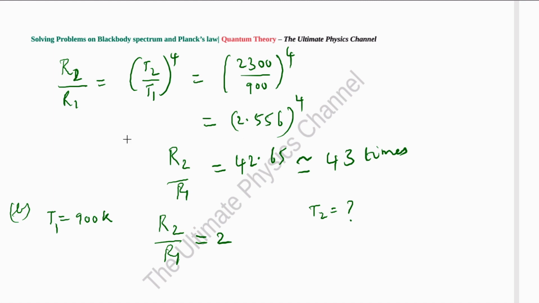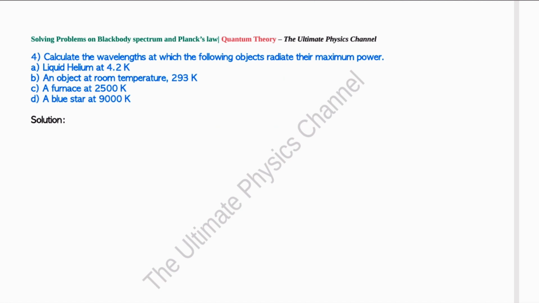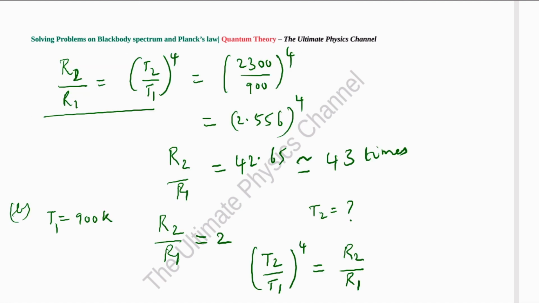So again, using the same formula here, the reduced version of the Stefan-Boltzmann's law, we can get this, right? So T2 over T1 power 4 is equal to R2 over R1, so we can work this out here.